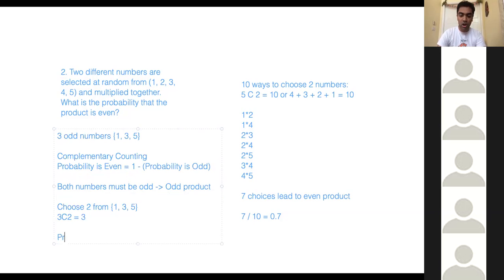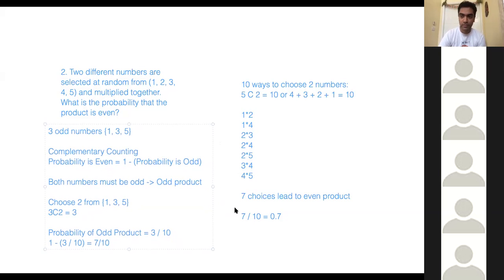So the probability of an odd product is just going to be 3 over 10. Then I can use complementary counting. The probability of being even is 1 minus the probability of the product being odd. So that's 1 minus 3 over 10, which gives 7 over 10.